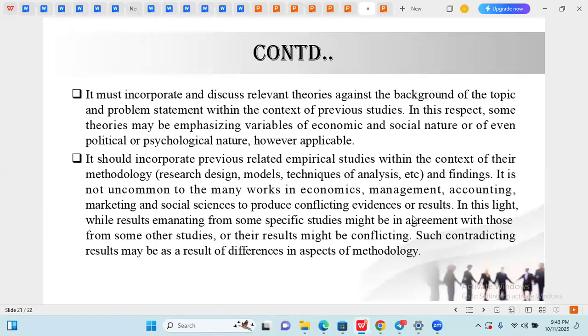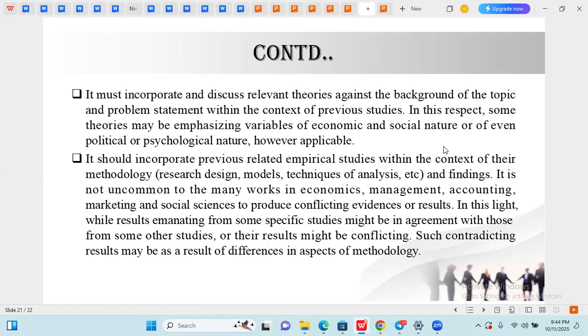It must incorporate and discuss relevant theories against the background of the topic. I told us you must have theories in your work. In this respect, some theories may emphasize variables of an economic and social nature, or even political and psychological nature, however applicable.